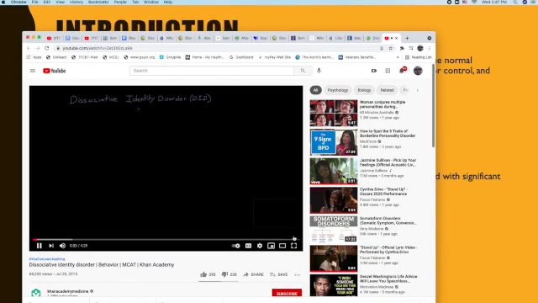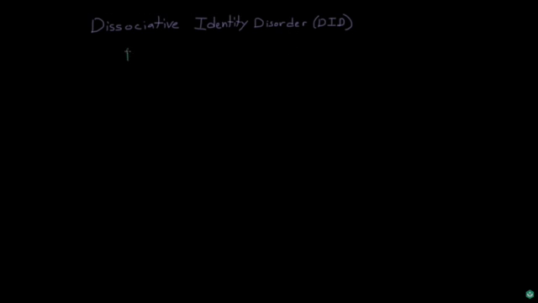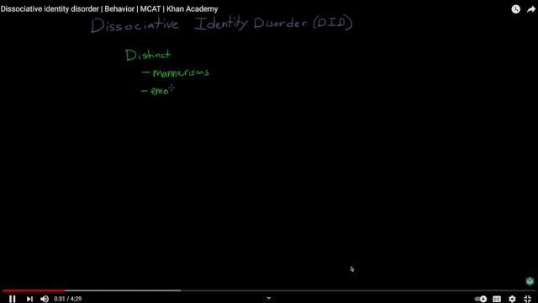Dissociative identity disorder, which was formerly called multiple personality disorder, describes cases where two or more distinct personalities or identities seem to exist within a single body. Both of these identities have some kind of influence on that person's thoughts or behaviors. These identities are distinct from one another. They have their own mannerisms. They can have different emotional responses.